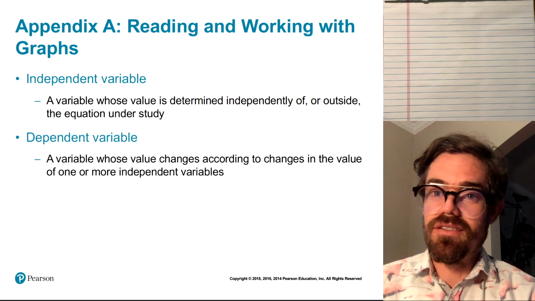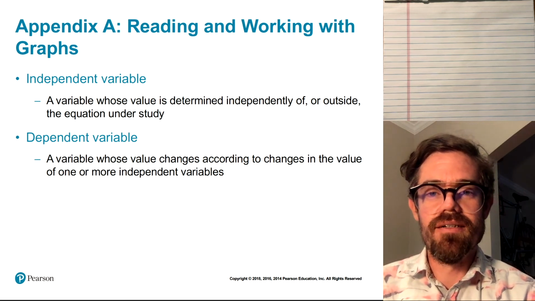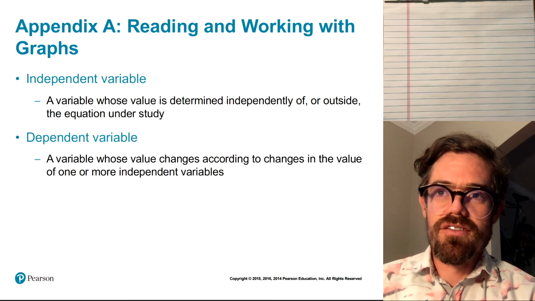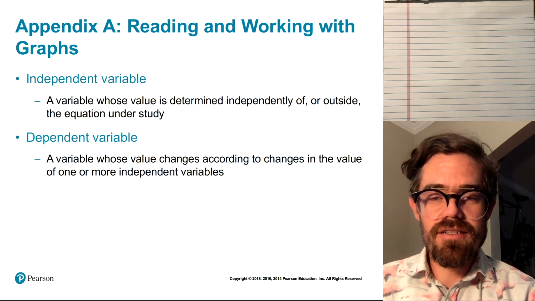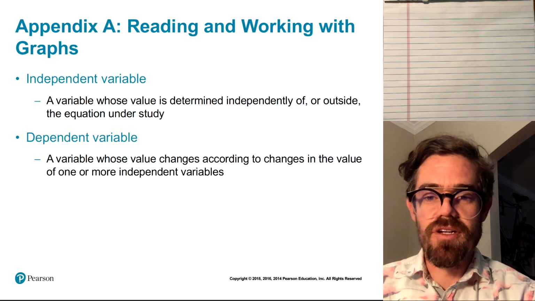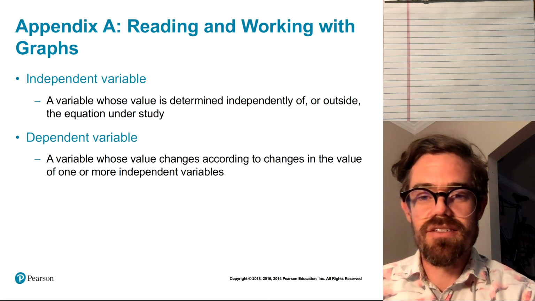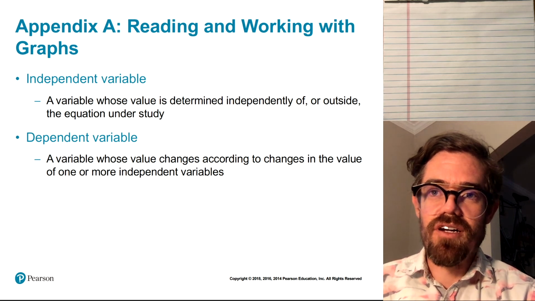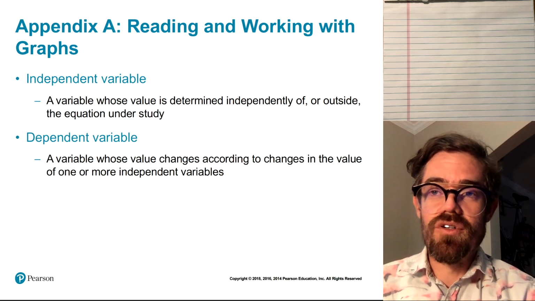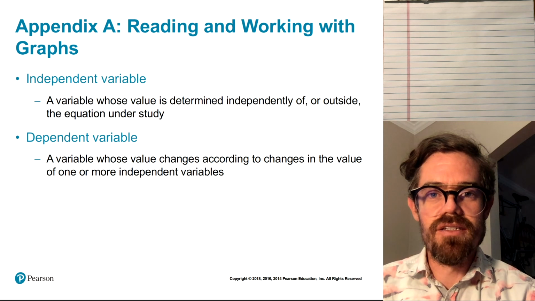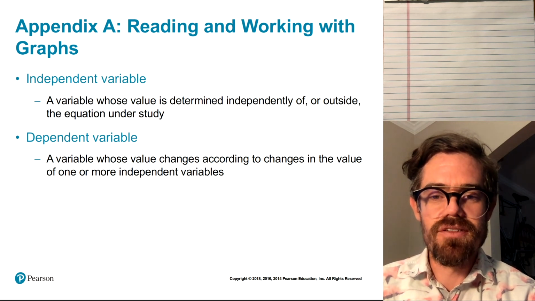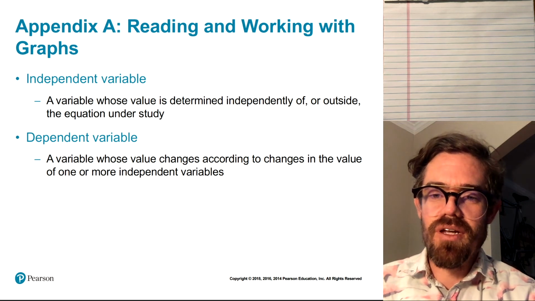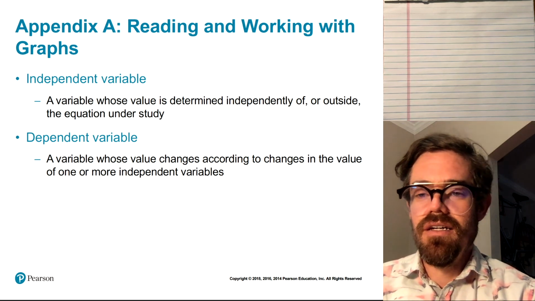A person's weight does not determine someone's height. It's the other way around, right? Now, there are other things that determine weight other than height, but it is a contributing factor. So height, in that case, is the independent variable, and the dependent variable is weight. A person's weight, to some degree, depends on their height. Okay, so there you go. Dependent variable is weight. The independent variable is height.